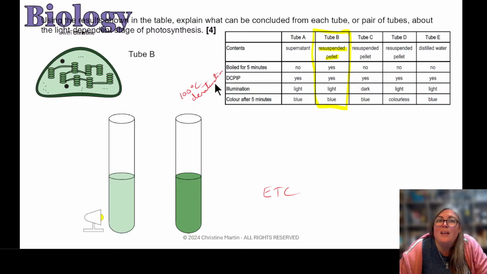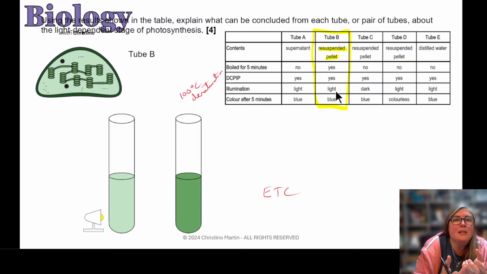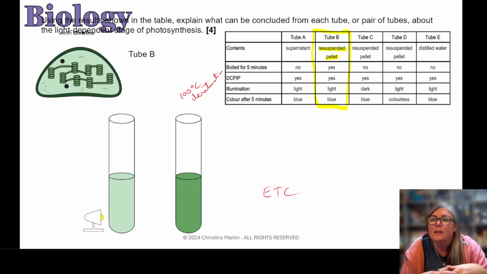We're going to affect their shape. So we have a denaturation of the things that are going to be useful at absorbing the light. So those proteins, those enzymes, the electron transport chain, they are going to be removed.